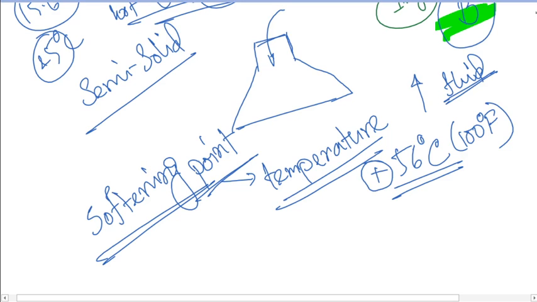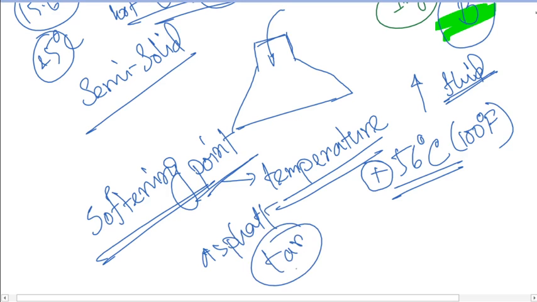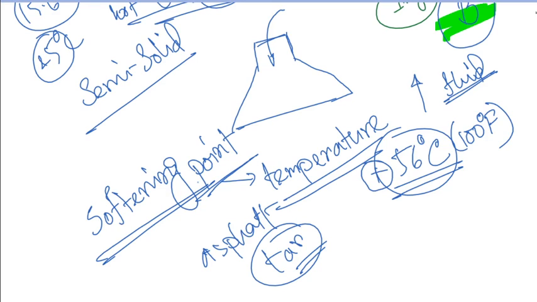As we have said, bituminous materials can be classified as asphalt or tar. If it is tar, we should not raise the temperature above 56 degrees centigrade, or 100 degrees Fahrenheit, above the expected softening point of the tar. Since we haven't done an experiment, we don't know the exact softening point of that material, but there is an expected softening point.